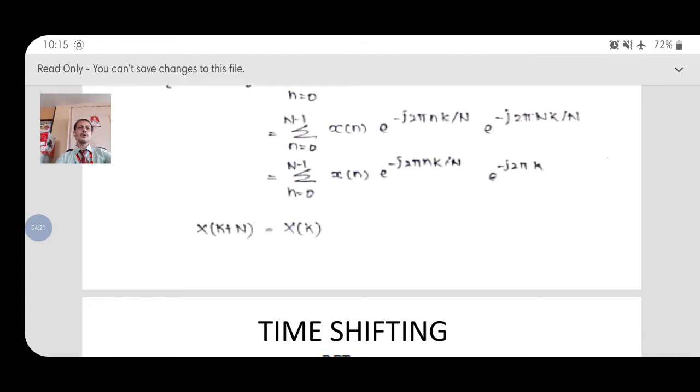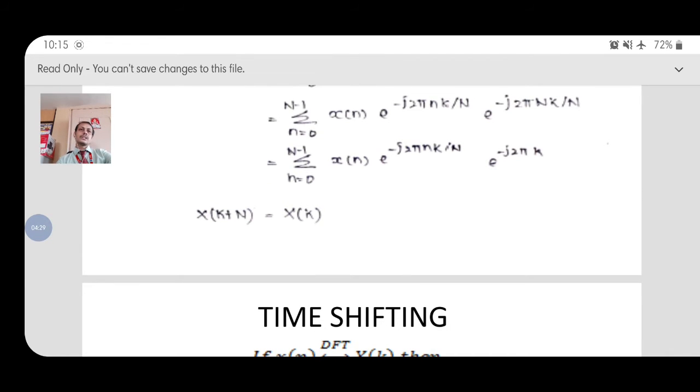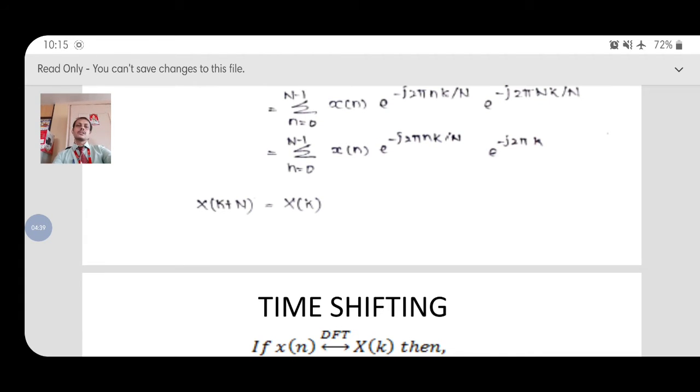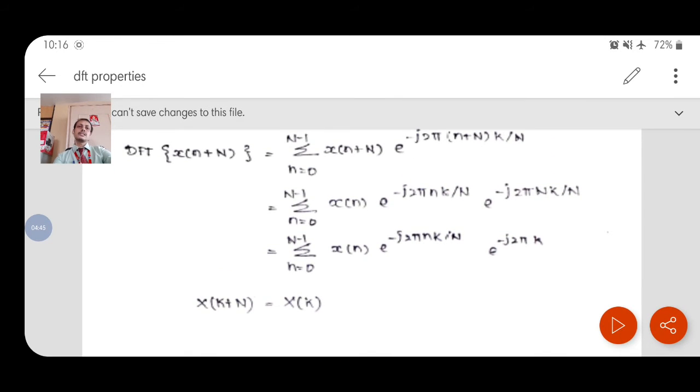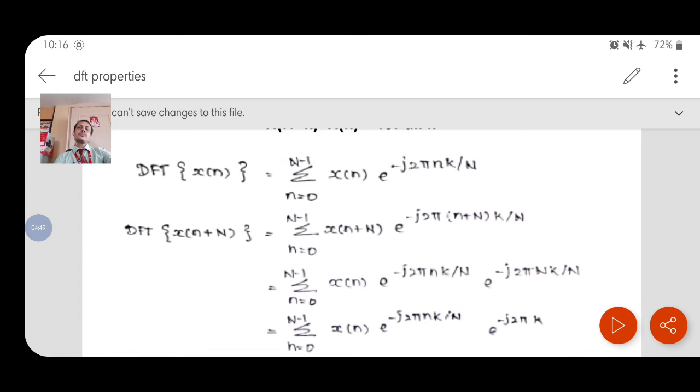Already we know e power minus j 2 pi is equal to cos 2 pi minus j sin 2 pi. The value is 1. So finally we get only summation n equal to 0 to N minus 1 x of n e power minus j 2 pi kn by capital N. This is the formula for x of k. So we can write x of k plus N is equal to x of k. This is the property of periodicity.